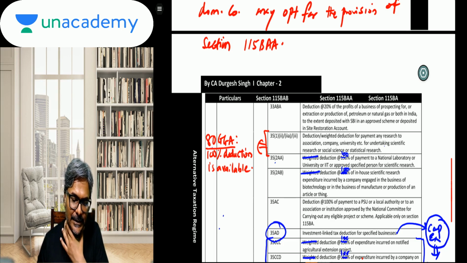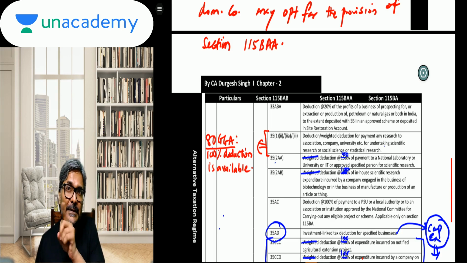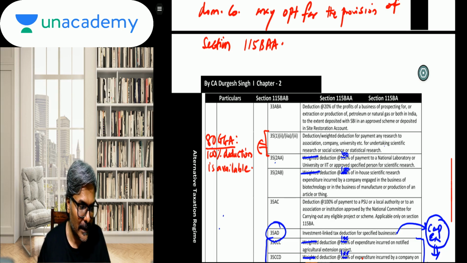In 80GGA, students, 100% deduction will be available. So even though it is getting disallowed from the head PGBP, still this deduction is allowed to you in section 80GGA. That is Chapter VI-A.